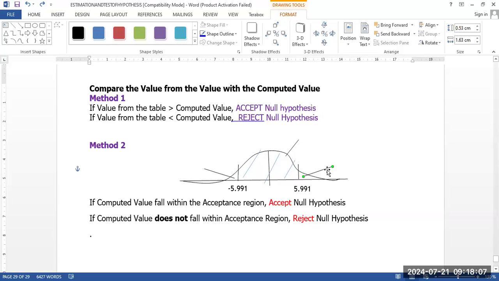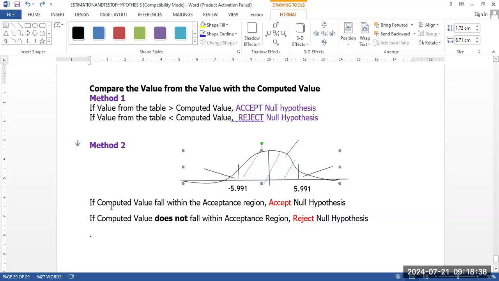This side is critical region, this side is critical region. Then between this one and this one is acceptance region. Does it make sense? This side rejection region, this side rejection region. Then in between, it is your acceptance region.